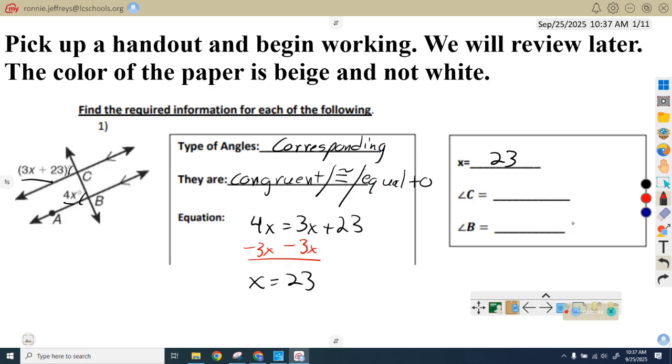Personally, I would want to use the 4x. Why is that? Less stuff to tap in the calculator. Okay, so 4 times 23 is 92 what? Degrees, because that matters. Details matter. Okay?